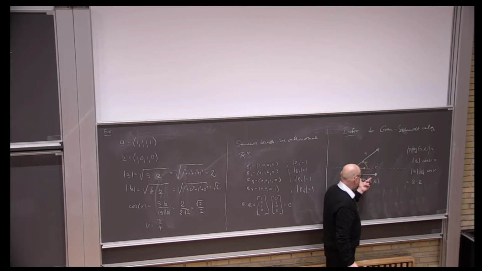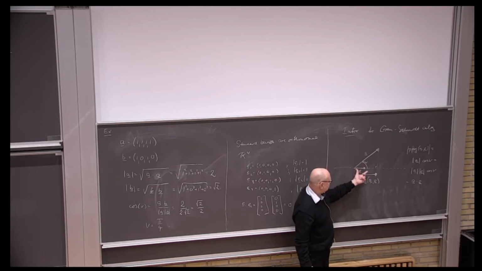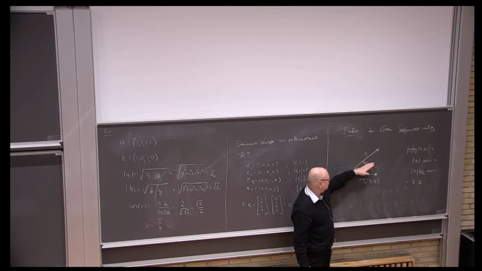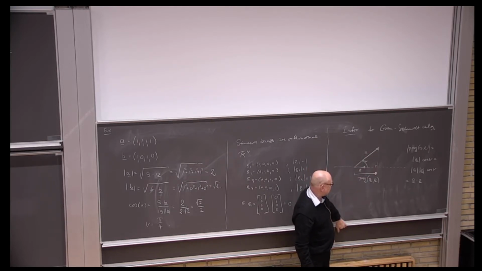Now the vector itself, as you can see from this drawing here, is that the resultant vector, the projection, is collinear with E, the unit vector, parallel. If the angle is larger than pi half, it will point in the opposite direction of this unit vector. But if the angle is less than pi half, then it will point in the same direction.